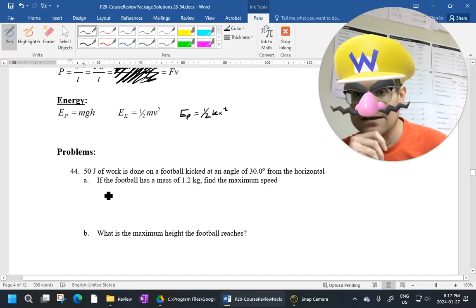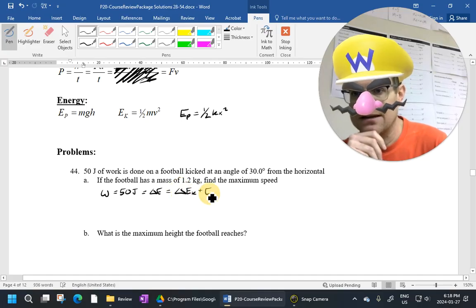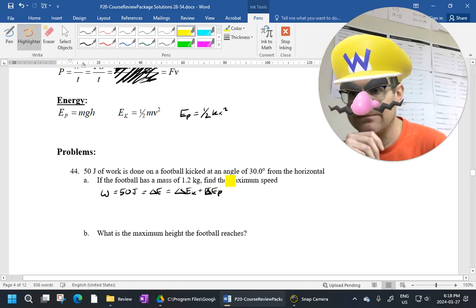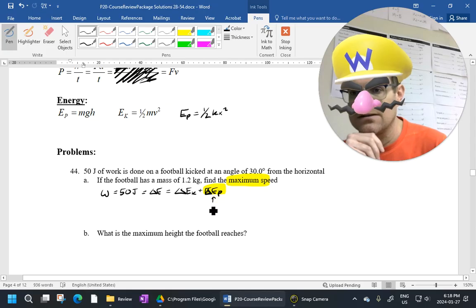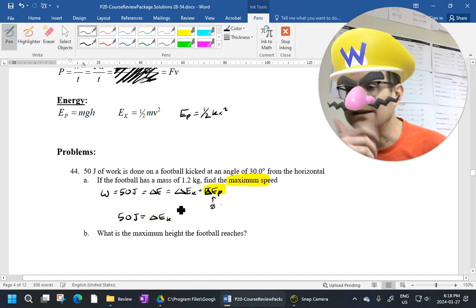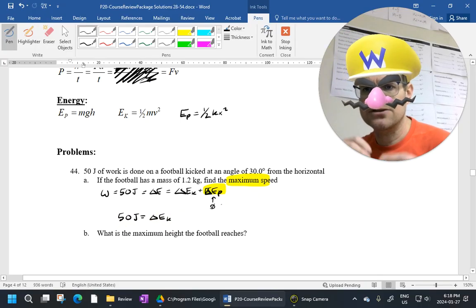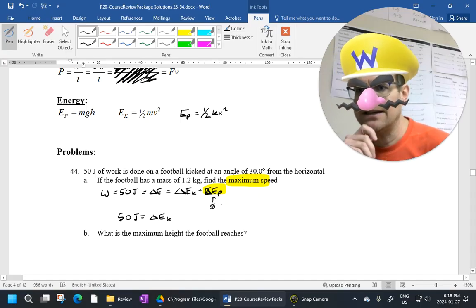So this work of 50 joules is the change of energy, which is probably going to be the change in the kinetic, but not too much in the change of potential. Because we're looking for the maximum, we're probably going to say that this number here is 0. Right? So we could probably just say that this work, this 50 joules, went completely into my kinetic energy. So this joules is now change in kinetic energy.